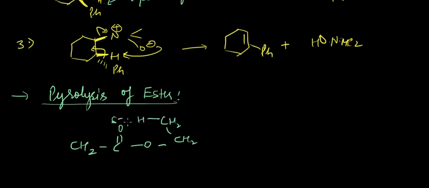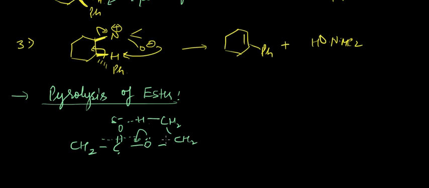Again this O minus actually attracts this H. At the same time it will result in the breaking of this pi bond, and the lone pair will come to the rescue of the positive charge carbocation by donating its lone pair to form a bond pair.